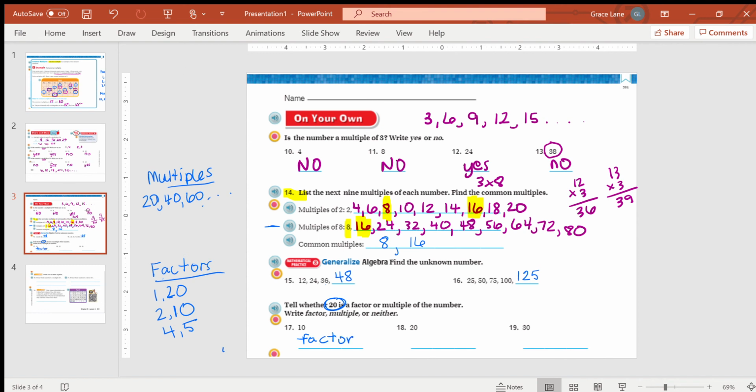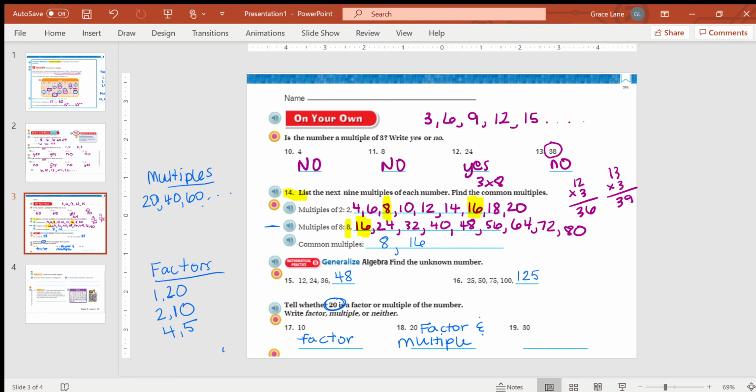Number 18, 20. I see it in my multiples list and my factors list. So I'm going to write factor and a multiple. And then 30.